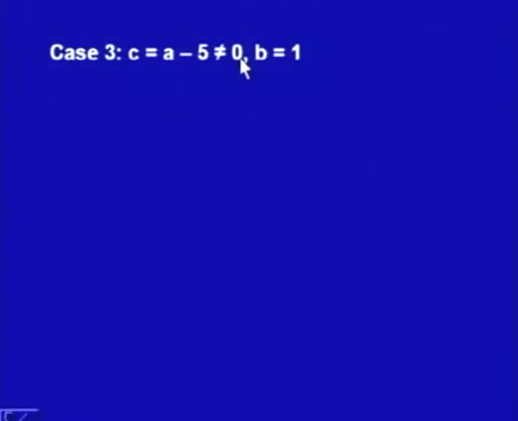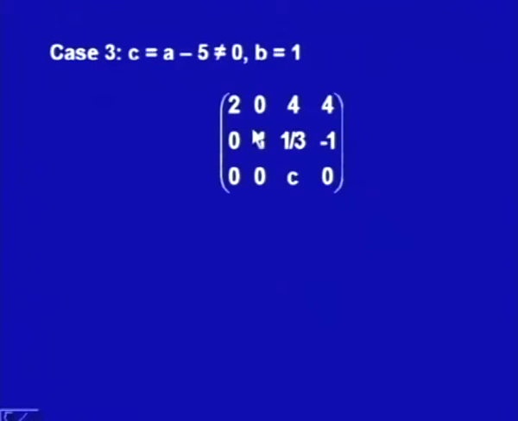Now, in the third case, if I consider c is equal to a minus 5, which is not 0, and b is equal to 1, then the augmented matrix will look like this.